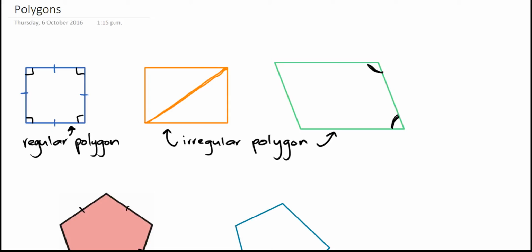And then when I add up the interior angles in both of these triangles, so if I'm looking at, say, triangle number 1, this angle plus that right angle plus this angle here, if you add those three angles up, you get 180 degrees.